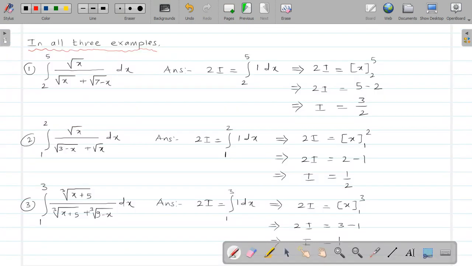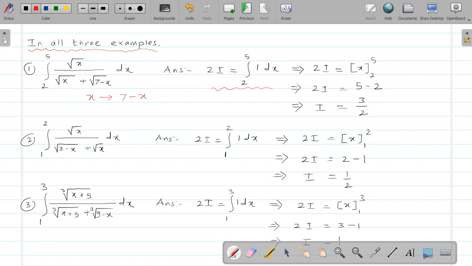Now see here, in all three examples that we have discussed today, you observe that the first integration was the integration from 2 to 5 of root x upon root x plus root 7 minus x. Here by using the property we have replaced x with 7 minus x, that is 5 plus 2 minus x. And then after adding 1 and 2, we get 2I is equal to the integration of 1 dx.